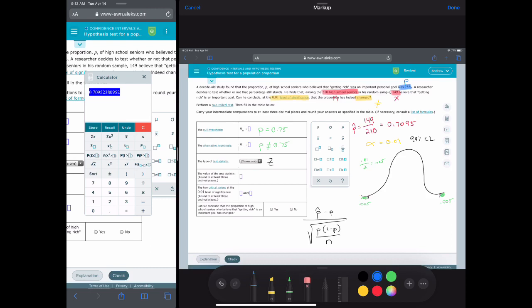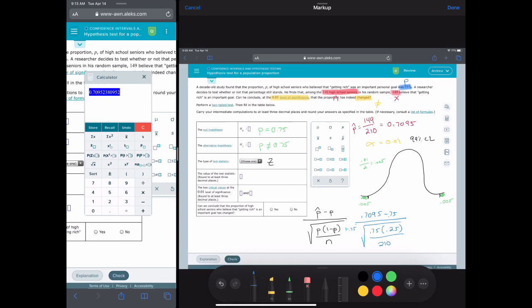So we have 0.7095 minus 0.75, divided by the square root of 0.75 times 0.25, because 1 minus 0.75 is 0.25, divided by 210. Again, what we're seeing is whether 71%, or 0.7095, is enough different from 0.75 if we only ask 210 people.